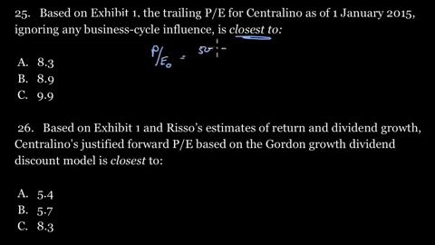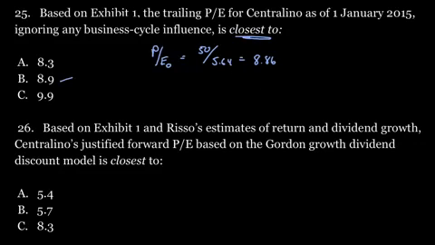We're told P was 50. All we have to do is find out what earnings were in the current period. And you will get 564. You should find 564, and that'll give us 8.86 PE on a trailing basis. 8.86, 8.9 if you round that up.